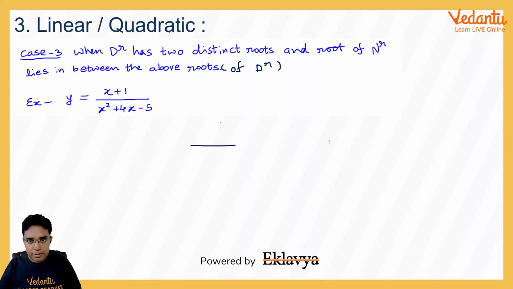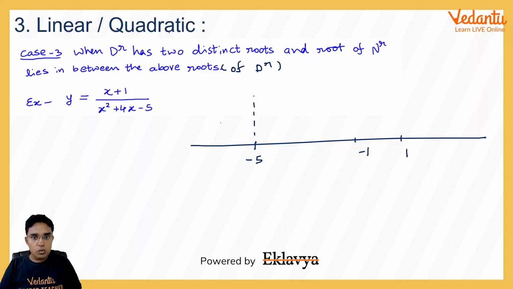Okay, in this case you can check the roots of this denominator are minus 5 and 1, whereas root of this numerator is minus 1. So danger lines are 2 here. Okay, at minus 1 this has to become 0.